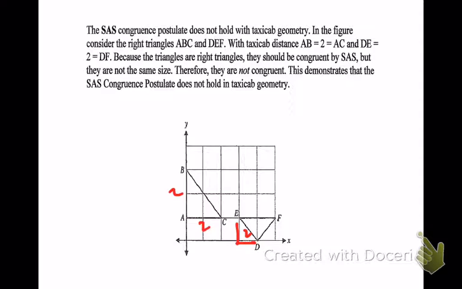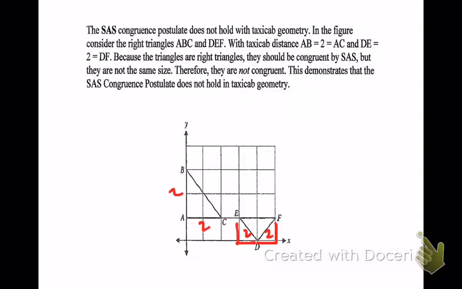And DF, 1 over, 1 up, is 2. Because the triangles are right triangles with legs of 2, they should be congruent by side angle side. But they are not the same size, therefore they are not congruent. This demonstrates that side angle side congruence does not hold in taxicab geometry.